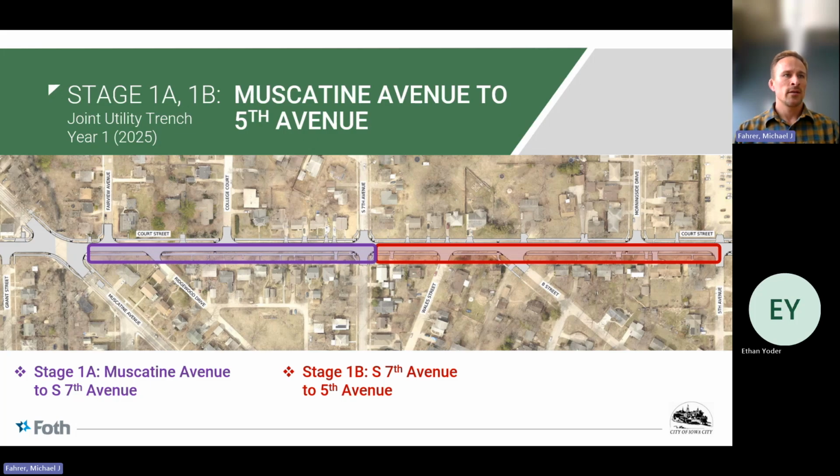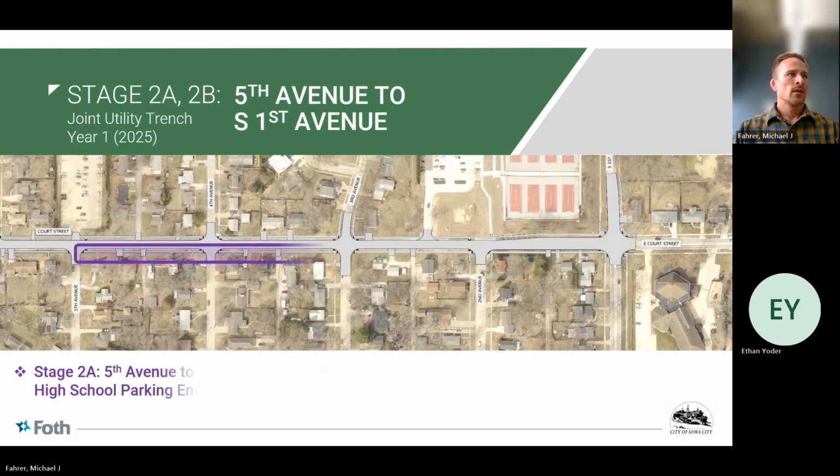Once that's completed, the contractor will continue east from South 7th Avenue, and they'll install the joint utility trench up to that 5th Avenue intersection. The next piece that will be completed is from 5th Avenue up to the Iowa City High School parking lot entrance between 2nd and 3rd Avenue.